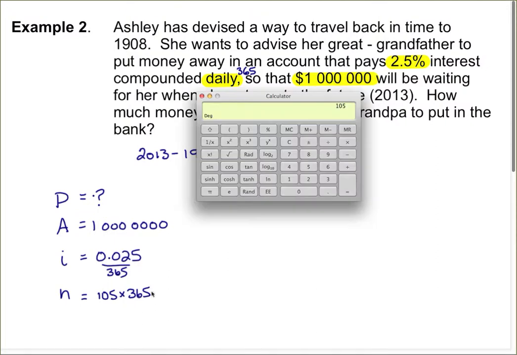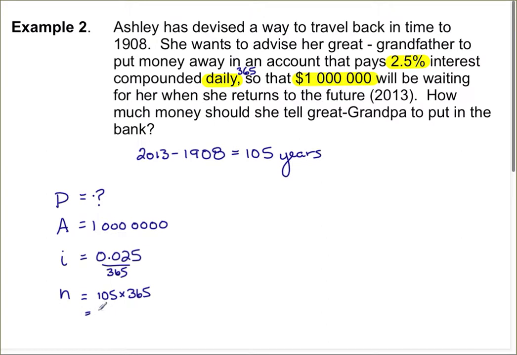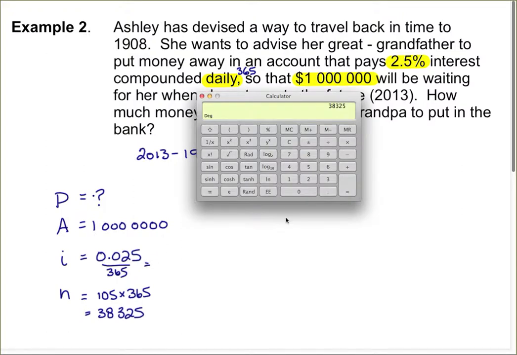So let's take out our calculator and calculate these things. I'm going to do 105 times 365 first, and that's 38,325. Big number, right? And over here, I'm going to get that on my calculator. 0.025 divided by 365.